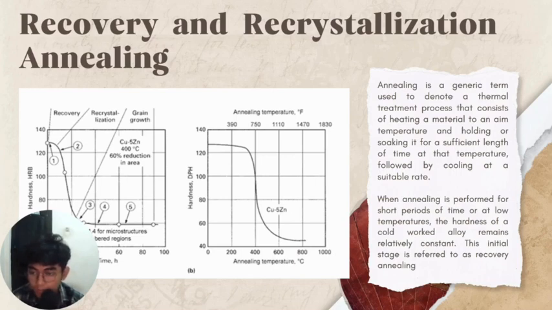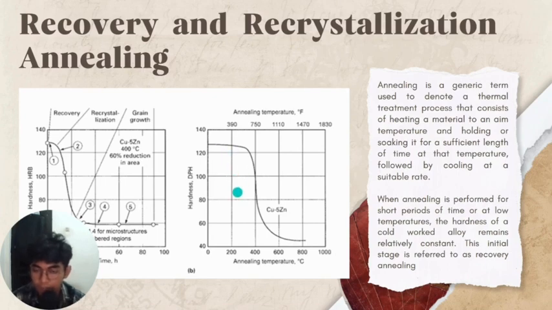When annealing is performed for a short period of time or at a low temperature, the hardness of the cold work alloy remains relatively constant. This initial stage is referred to as recovery annealing.